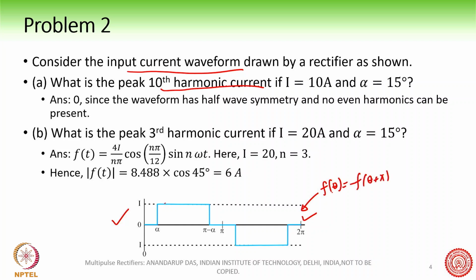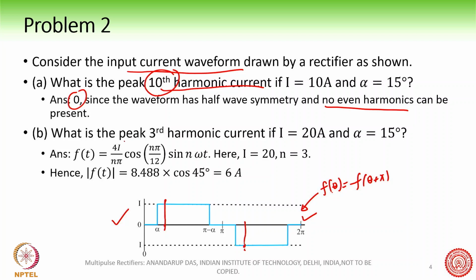So you take any value here, and you will get exactly the same value, but with a minus sign at theta plus pi. And one of the properties of this half wave symmetry is that no even harmonics can be present. So therefore 10th harmonic will be 0. Okay, fine, this is easy.